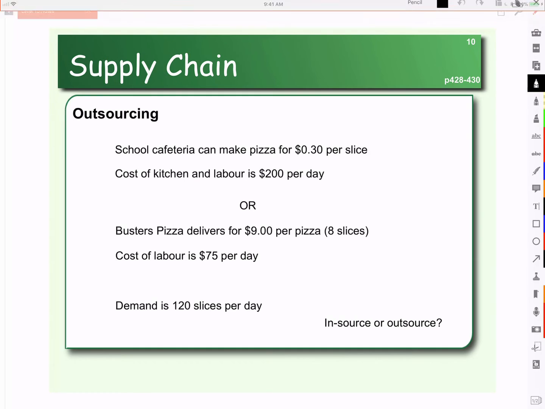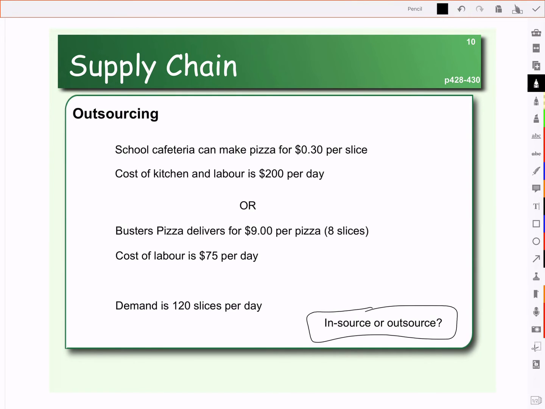We need to figure out, should we insource, that is make it ourselves, or should we outsource? Well, to figure out if we should make it ourselves or whether we should outsource, we need to compare the cost. So what is the cost to make our own pizza? Well, it's going to be 30 cents a slice times whatever our demand is, plus the $200 of labor and kitchen.